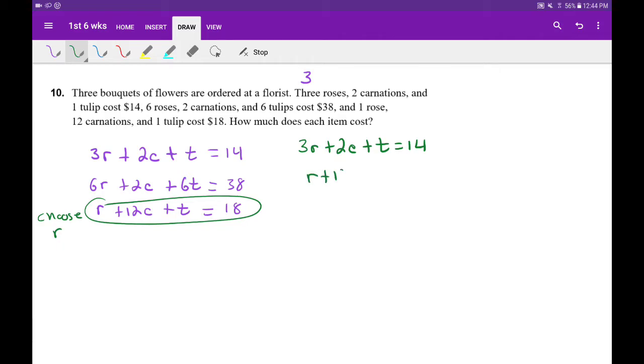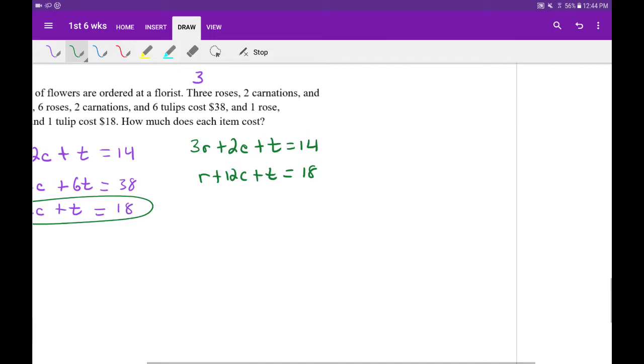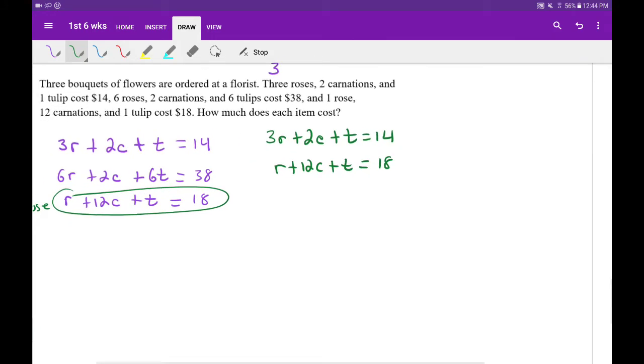Then R plus 12C plus T equals 18. All right, then we'll do the other one. 6R plus 2C plus 6T equals $38. And then R plus 12C plus T equals 18 here. All right, so let's do some elimination.